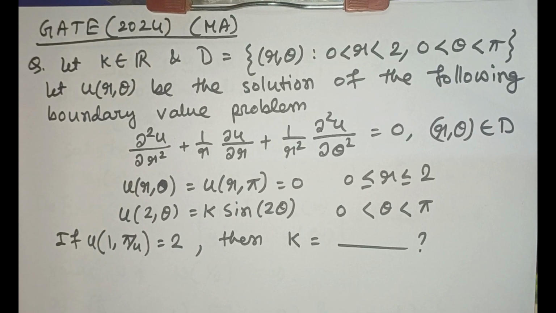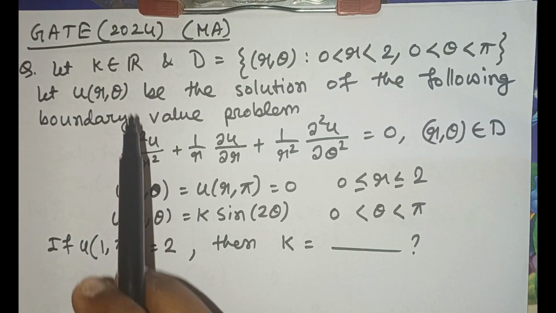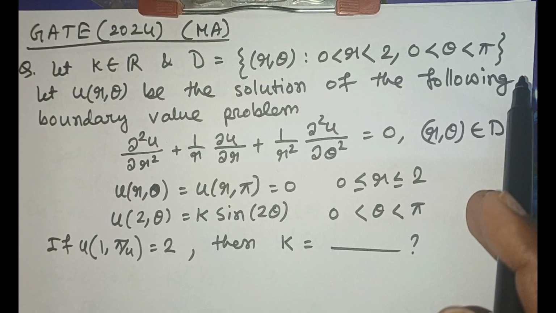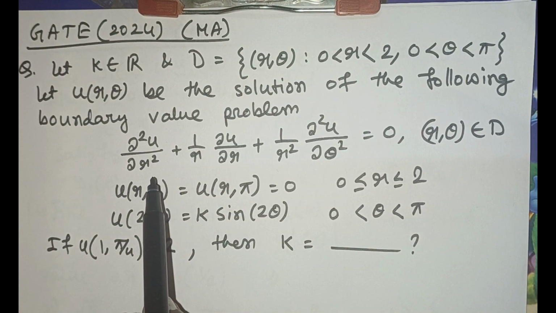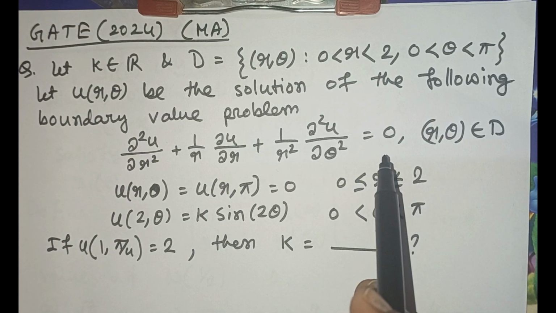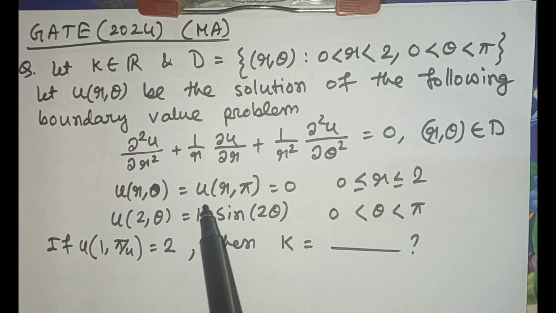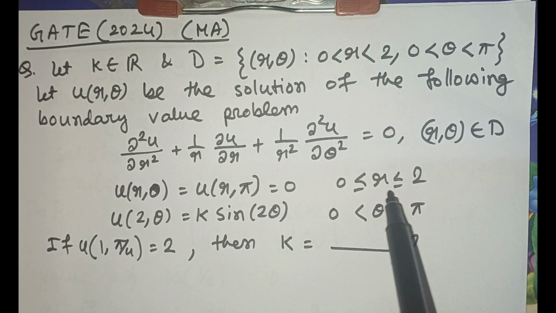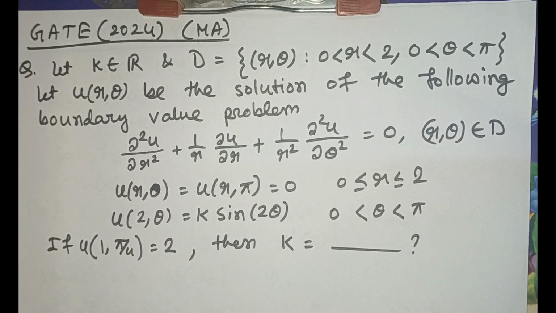Hello, today I will solve a question of GATE 2024. Let k be a real number and D the region where r and theta belong to the given interval, and let u(r, theta) be the solution of this boundary value problem: u_rr plus 1 by r u_r plus 1 by r square u_theta theta equal to 0, with boundary conditions u(r, 0) equal to u(r, pi) equal to 0 where r is in the interval 0 to 2, and u(2, theta) equal to k sine 2 theta in the interval 0 to pi.